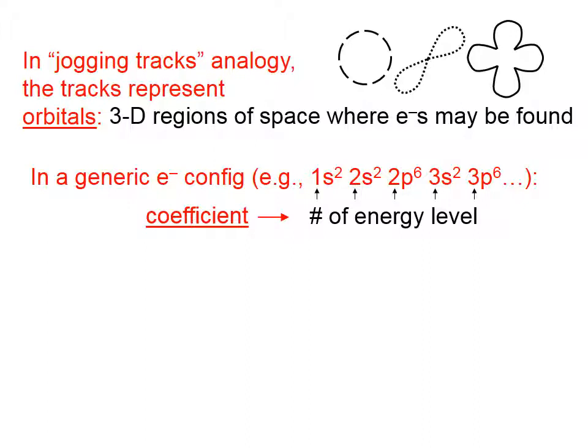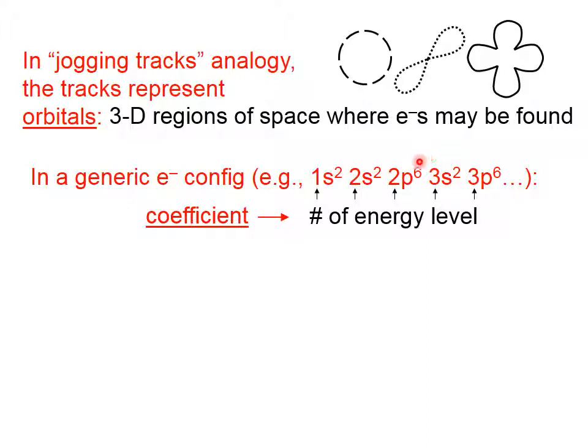So you can see here that there are only 2 electrons in the first energy level. In the second energy level, there are a total of 8 electrons. 2 of them are in the 2s orbital, 6 of them are in the 2p orbitals, but in the second energy level there are a total of 8.